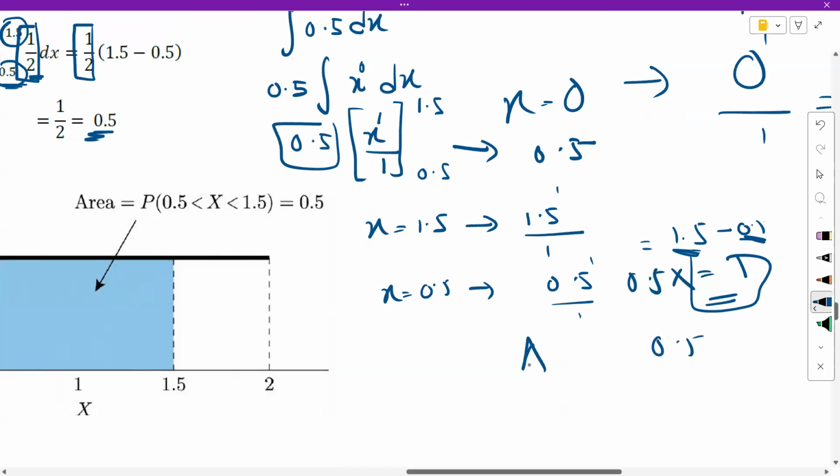So the area is 0.5. This means area equals the probability. Then probability equals 0.5.